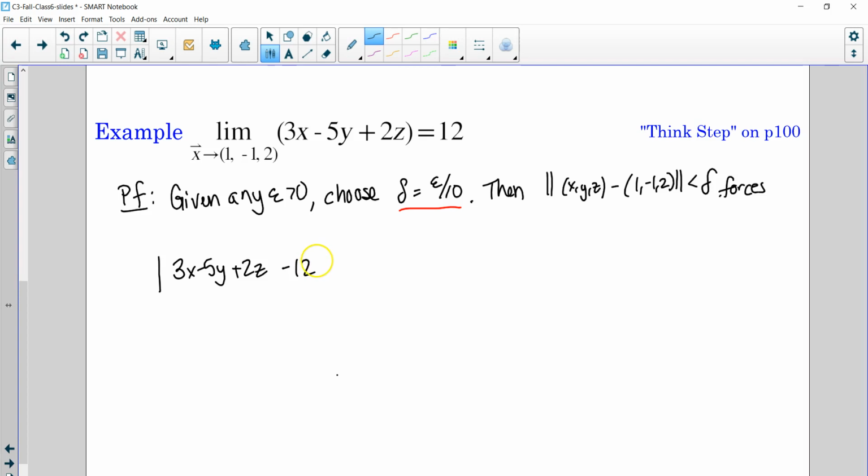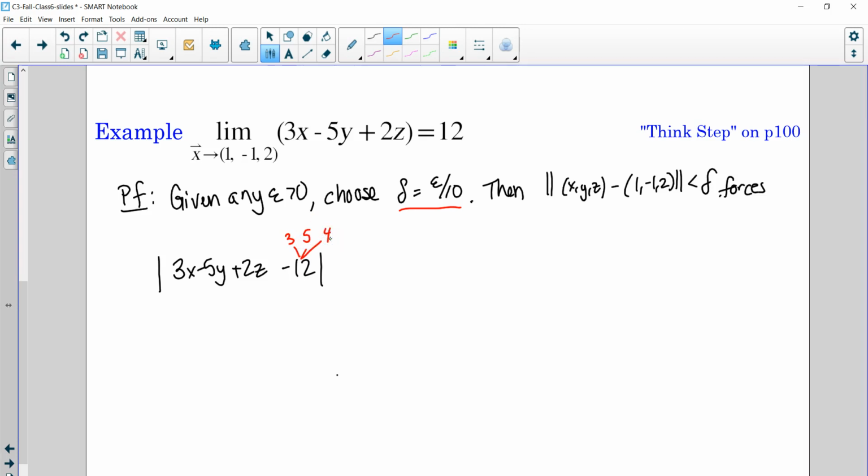What I can write that as is, now I just have to break that 12 apart a little bit. I'm going to break it into a 3, a 5, and a 4.